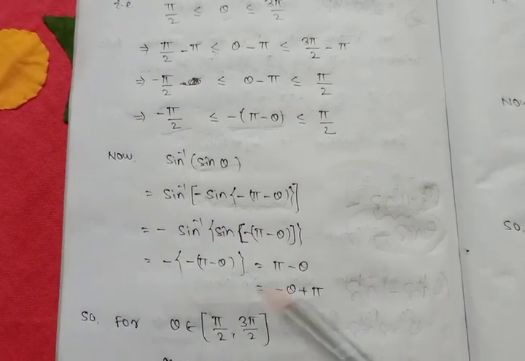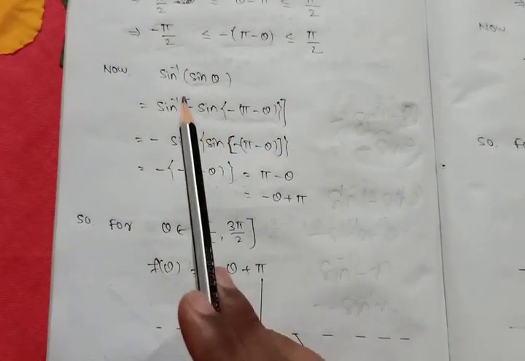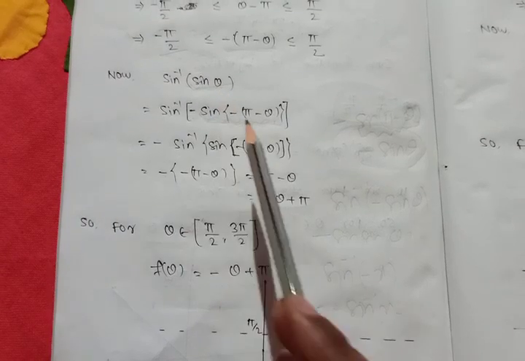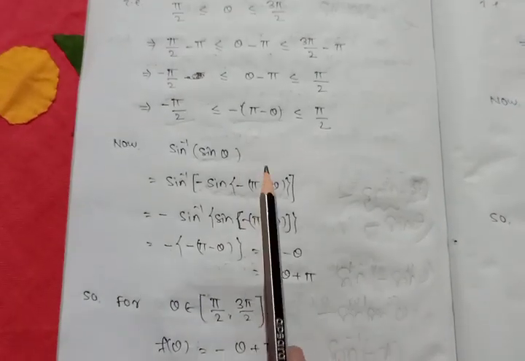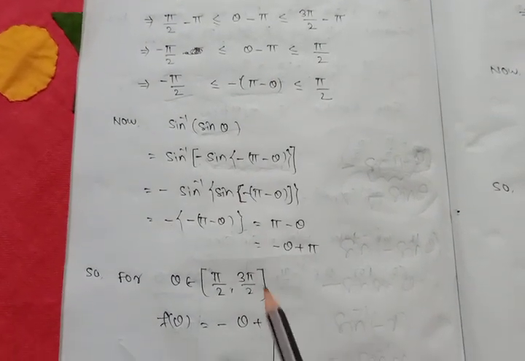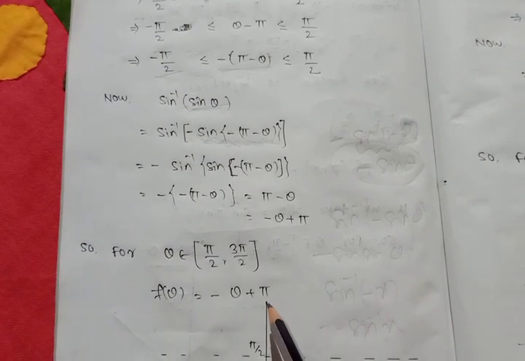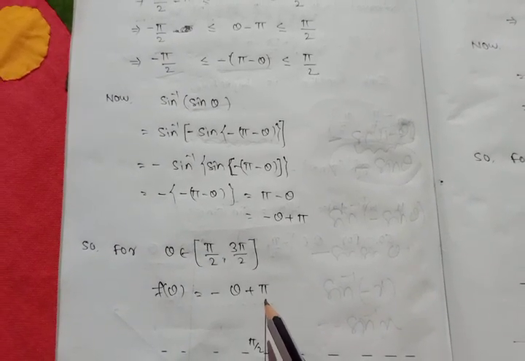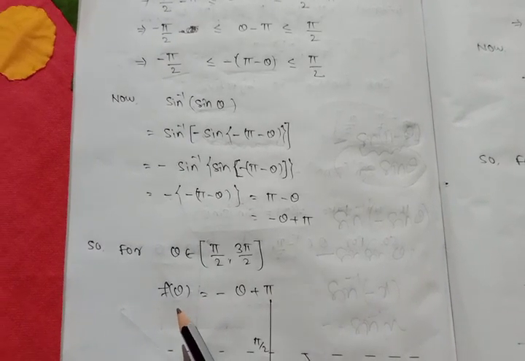Now if you draw the graph of this function, which function? It is sin inverse of sin theta, f of theta. So what do we get? If theta belongs to pi by 2 to 3 pi by 2, as we concluded here, f of theta is equal to minus theta plus pi. Remember the graph in lecture 7, as we discussed, f of x is equal to minus x plus something.